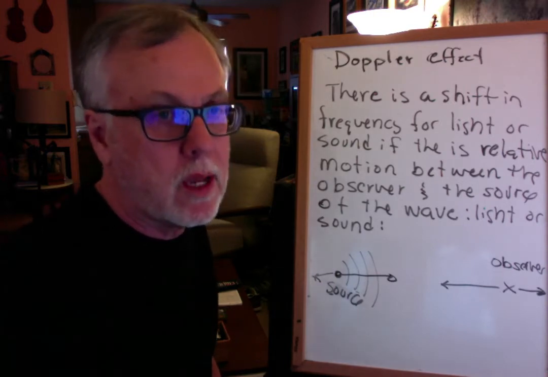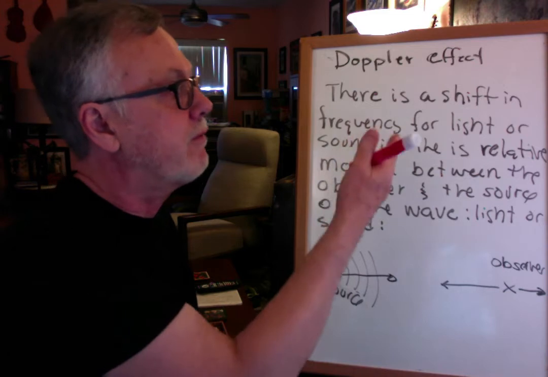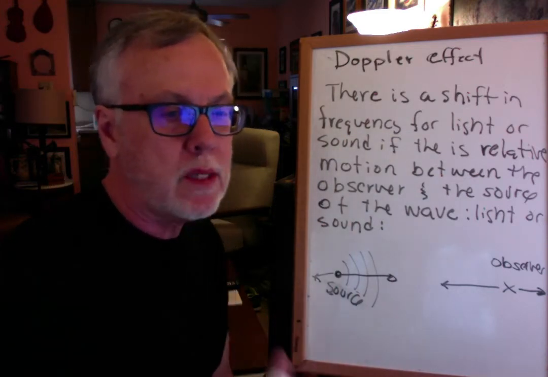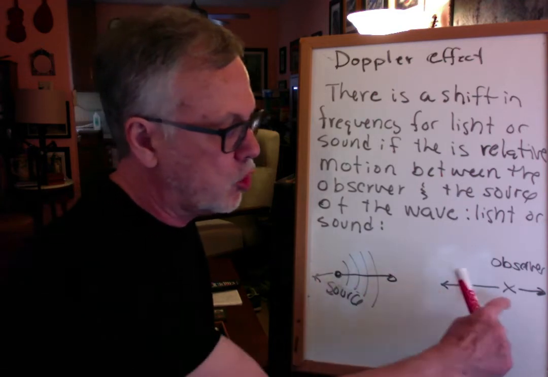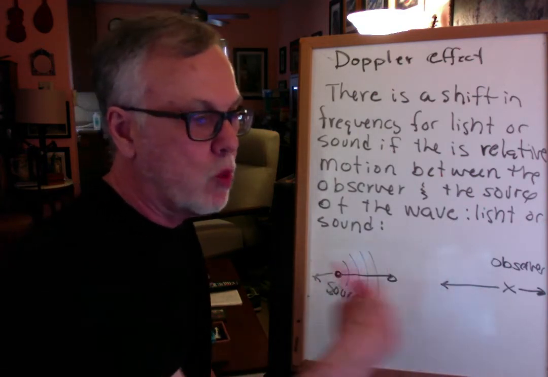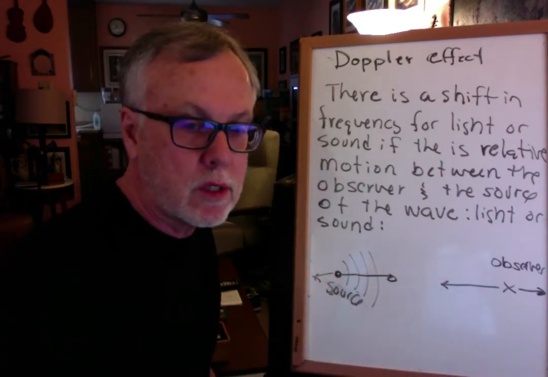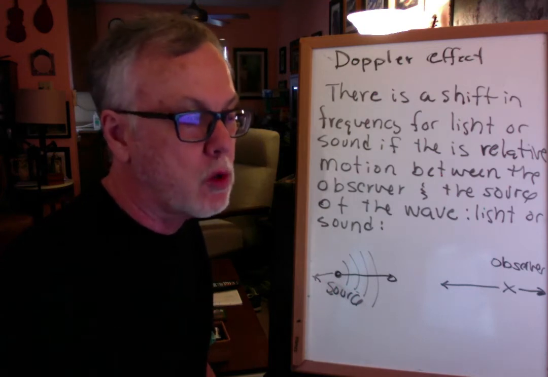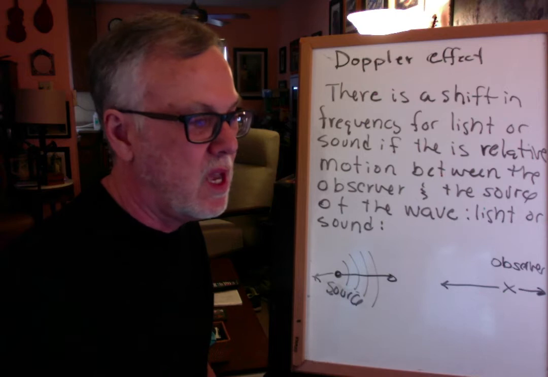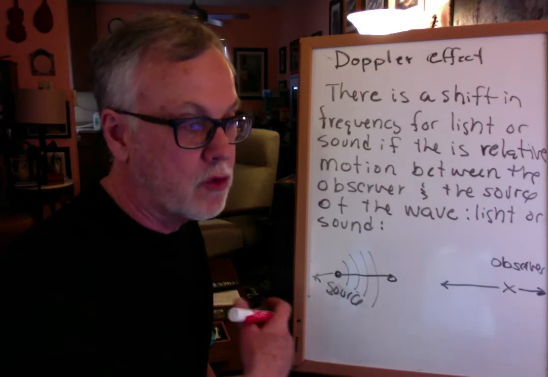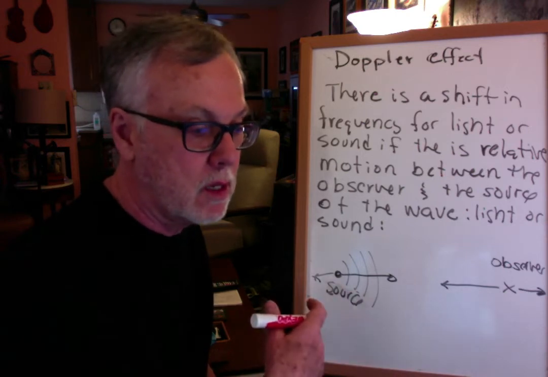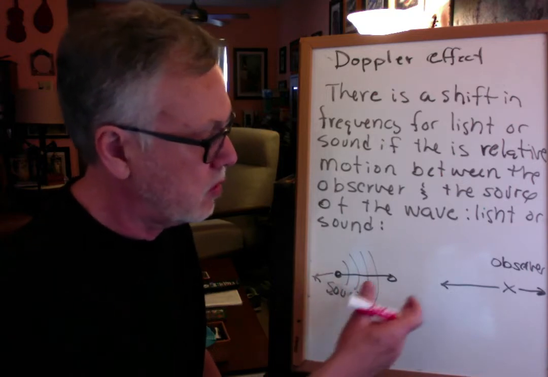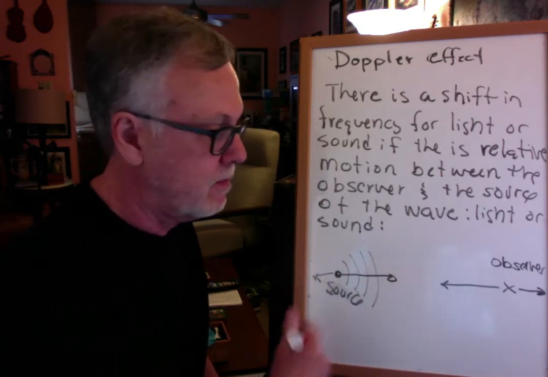In other words, to have this shift in frequency, I'll explain that in just a second, you must have it so that the motion's directly towards or away from one another, either from the source of the sound or light wave or by the observer of those waves. And you have both either going away or coming closer together, or you can have it such that they're both moving.